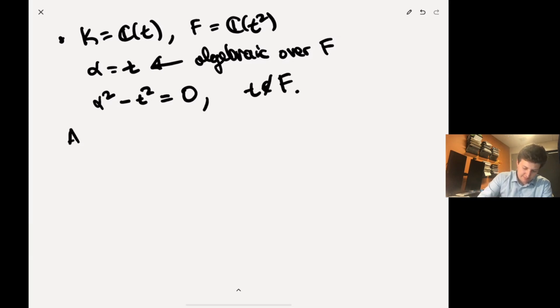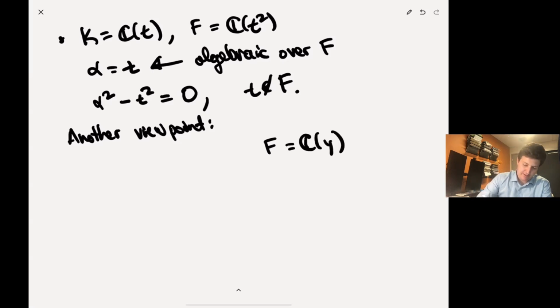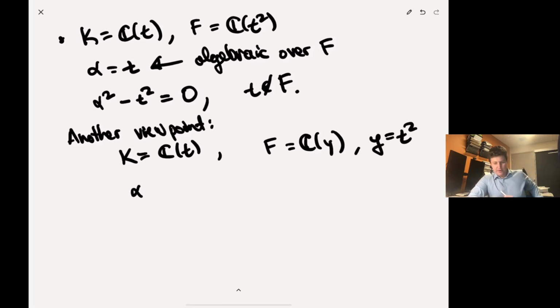Another viewpoint is that we can just replace letters everywhere. So F is C of Y, and then K is C of T. If we have alpha, then it satisfies this algebraic relationship, where we are using Y equal to T squared.